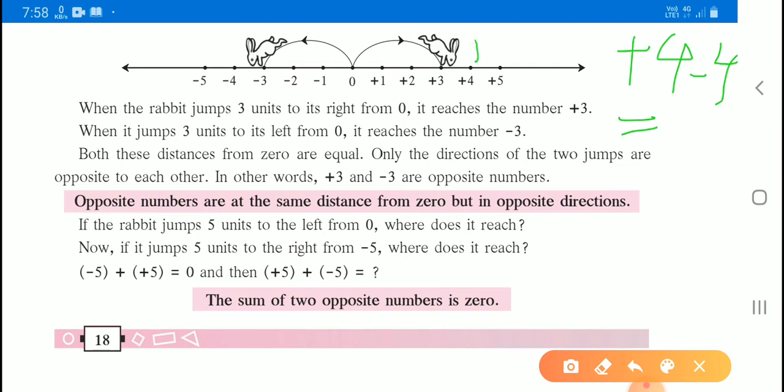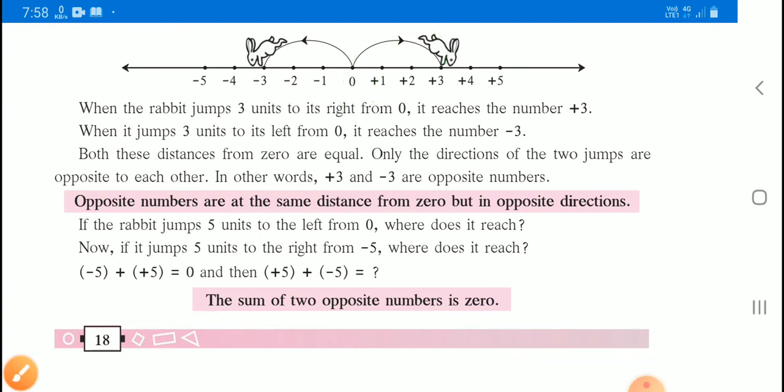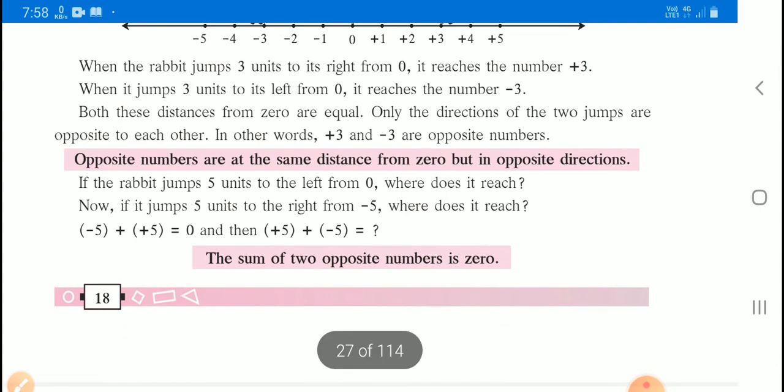So it will jump 1 unit, 2 unit, 3 unit and 4 unit. Where does the rabbit reach? It reached 0. So the sum of two opposite numbers is 0. Keep in mind. And if there is a positive number, then the opposite number of that positive number is always a negative number, and if it is a negative number, then the opposite of that negative number is always a positive number.